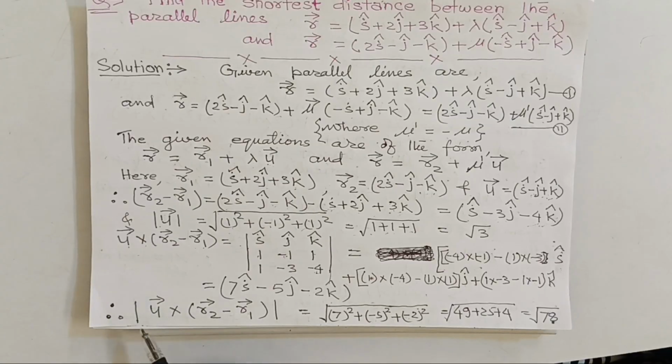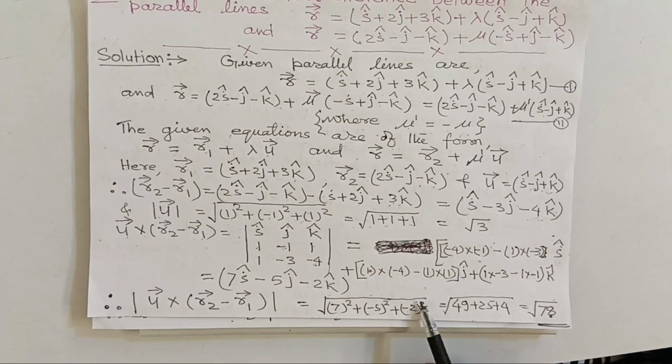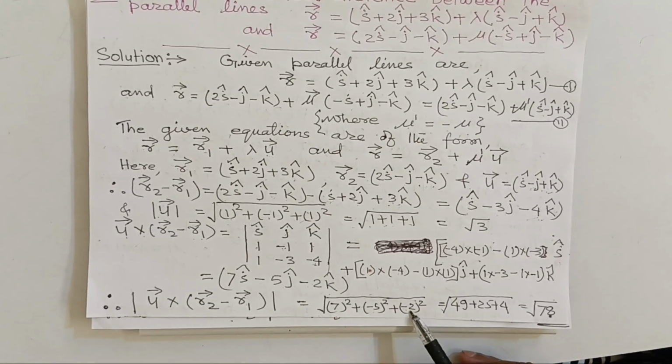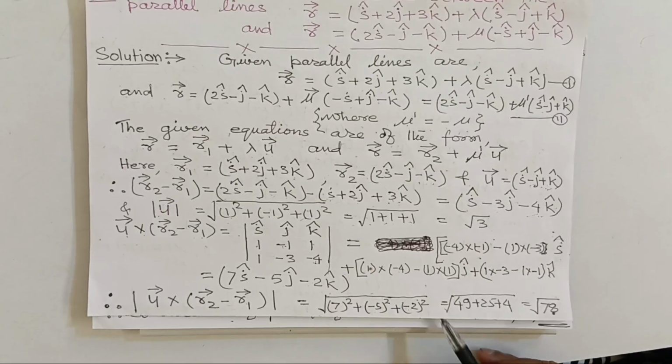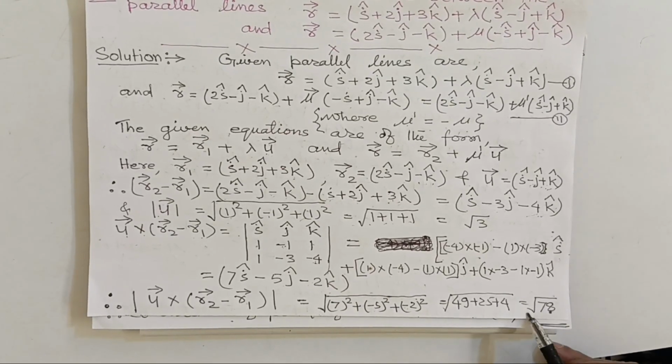Therefore, mod of vector u cross vector r2 minus vector r1 is equal to the square root of 7 squared plus (minus 5) squared plus (minus 2) squared. 7 squared is 49, 5 squared is 25, 2 squared is 4. 49 plus 25 plus 4 is 78, square root 78.